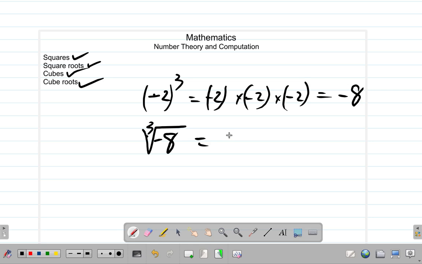That's negative 2. So you cannot find the square root of a negative number, but you can find the cube root of a negative number, because with the cube root, you have three of them multiplied. Alright. So that is it, that's all.